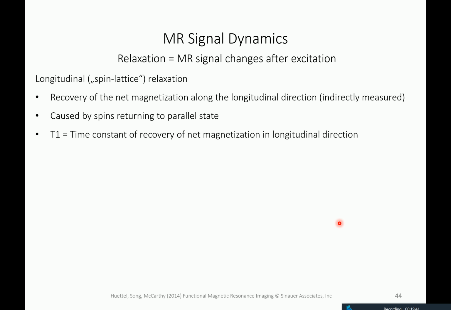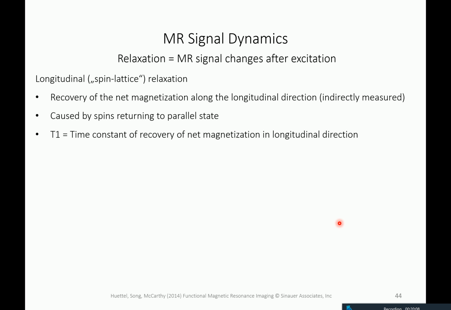It's not directly measured, so it's indirectly measured, as we will see. The idea is that it's mainly caused by spins returning to the parallel state, although this is not really helpful from this classical mechanics viewpoint.